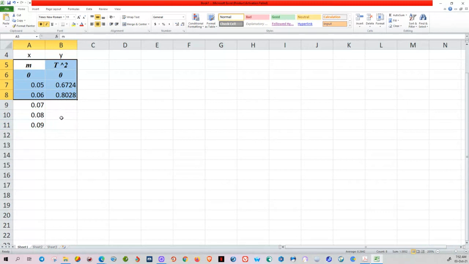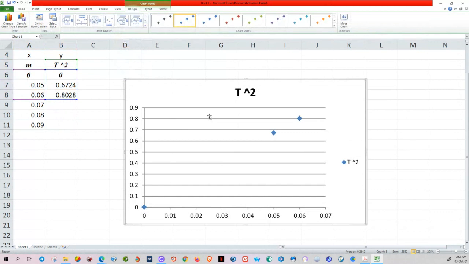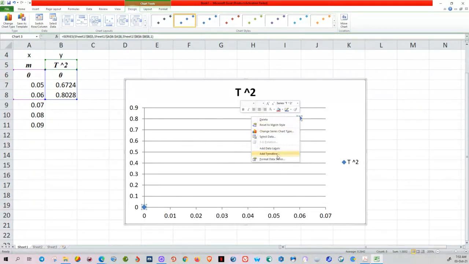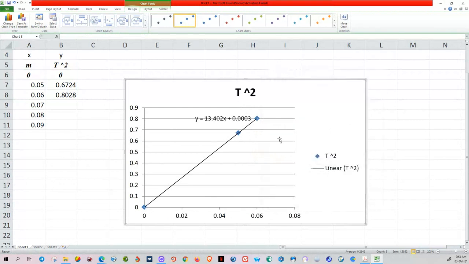But because I didn't take all the readings, it's not necessary for me. You can just select this and then insert, scatter, select the points, and these are your points without the linear fit. If you remember, linear fit is the same as trend line. So click on the points, right click, add trend line, display equation on chart.